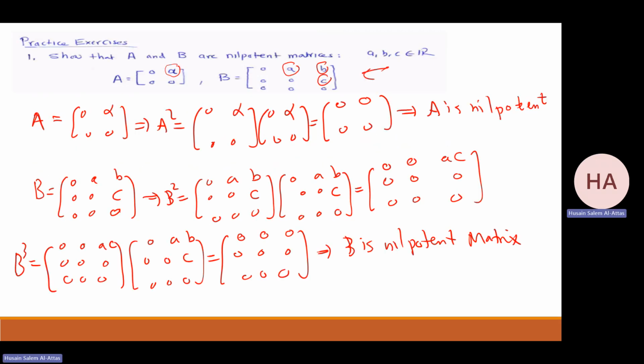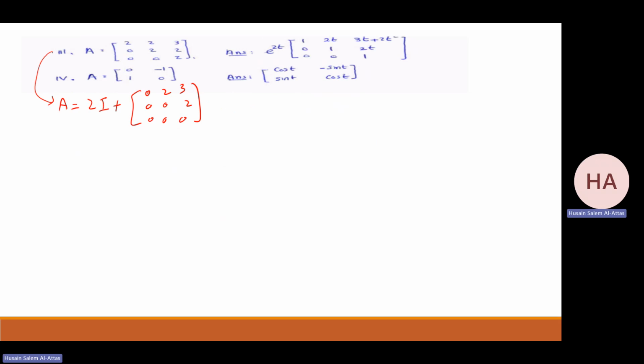So it's nilpotent. So it's 2I plus N. I need to check this. So e to the power At will be e to the power 2t times e to the power Nt as a matrix.